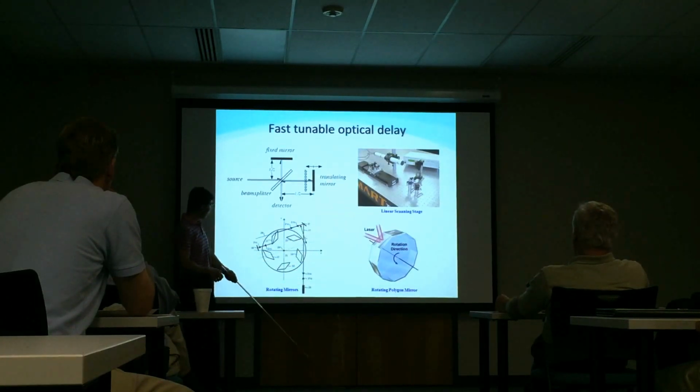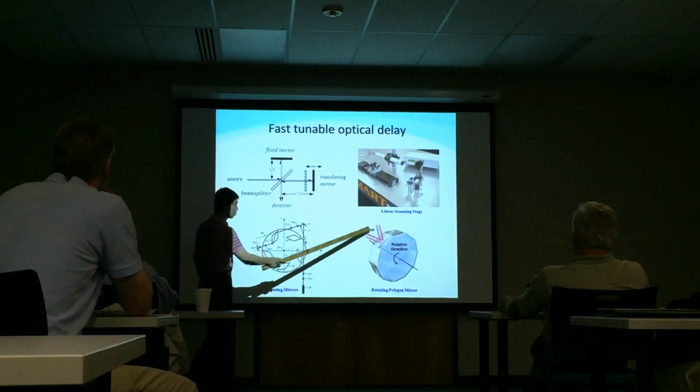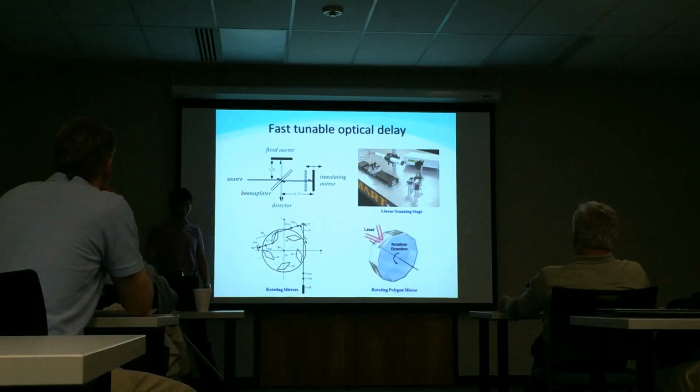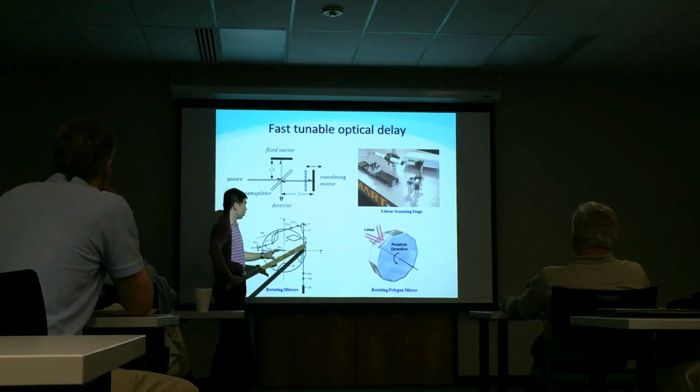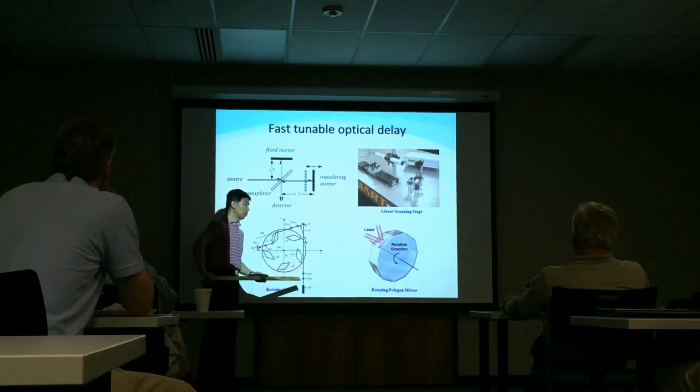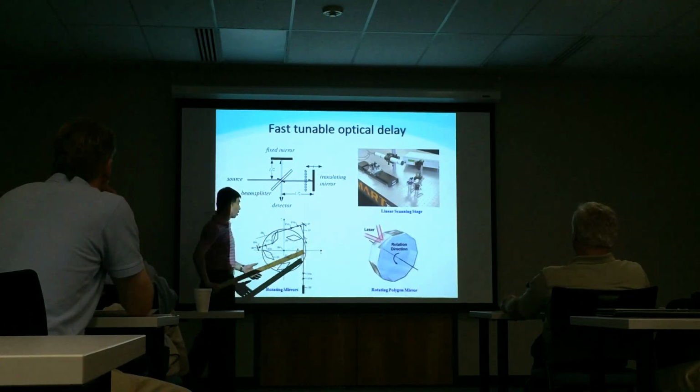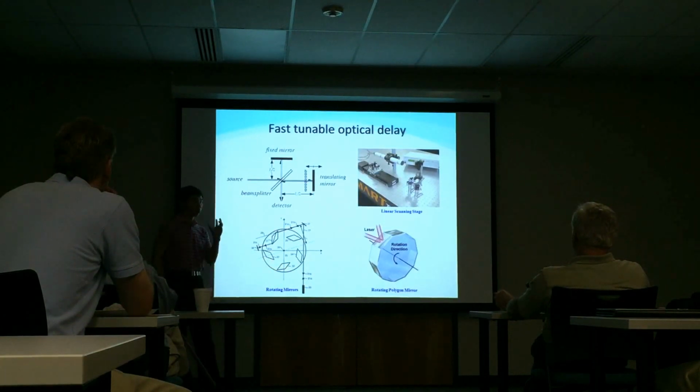Okay, and you can go up to kilohertz level with these spinning mirrors or spinning polygons. But again, that's probably as fast as you can go. And also, the drawback of these techniques is, first, you create vibration, and second, the scanning depth is inversely proportional to the speed.